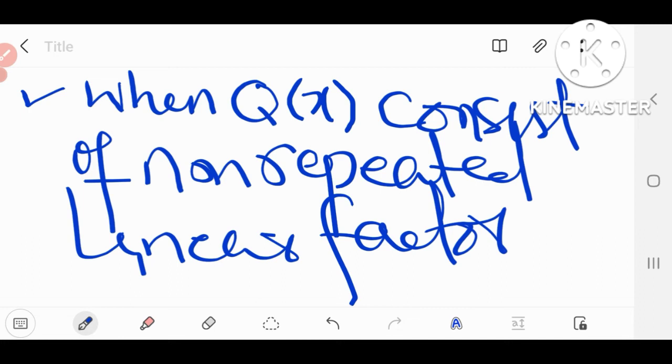Because we already know there is one confusion here, and let me clear this confusion in the mind of the student. In the denominator we will have a quadratic factor, and whenever we factorize that quadratic factor, it will have two factors.